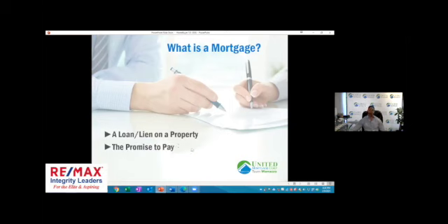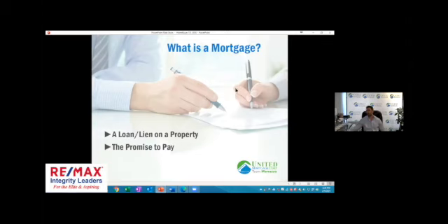So on title, and we'll go into this a little further later, there's a mortgage recorded. It doesn't have a payment. It's a mortgage and it's either open or it has to be satisfied, okay? A lot of people get it convoluted, like, my mortgage statement has my monthly payment on it, so that's my mortgage monthly amount. It's gotten twisted over the years, but that's not what an actual mortgage is.